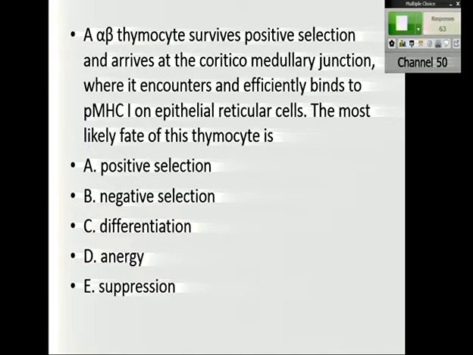They won't get selected. Anything that binds strongly should go. Yeah. They are positively selected. That's what it survived first. It did not bind strongly the first time, so it survived, but it escaped.